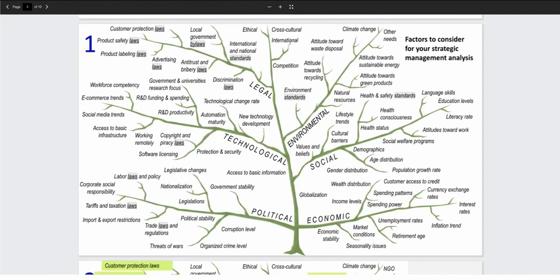These are all different economic factors that can affect our business. So again, in our PESTEL analysis, we are going to understand how and to what extent these economic factors are going to affect our business.